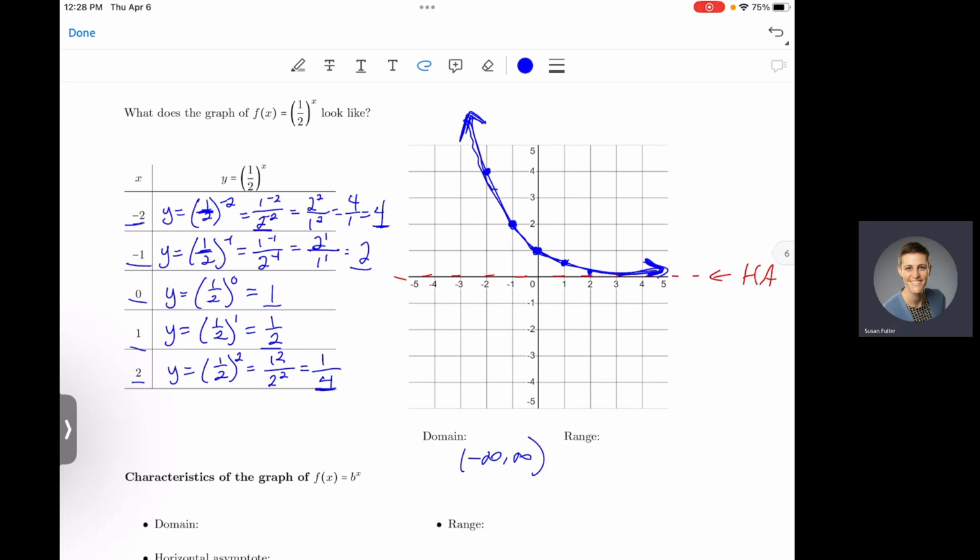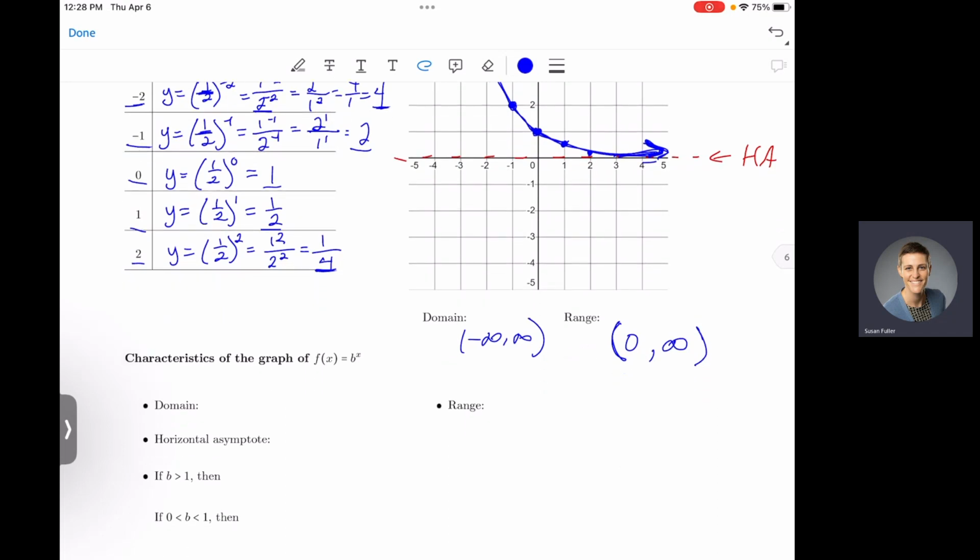And our range here, the y values that are covered, again, this goes up forever. So our y values are covered all the way up to infinity. And this goes all the way down to y equals 0, but never actually touches it. So we're going to be open again, and we've got nothing below 0. So that's our range.